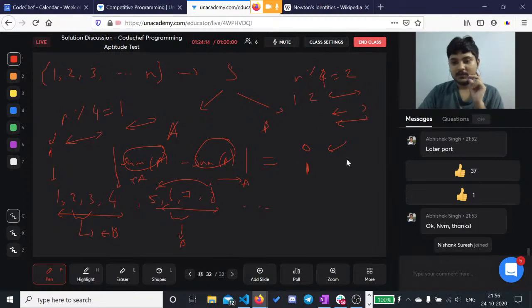And if n mod 4 is 3, then you can put 1 and 2 in A and 3 in B, and again proceed with grouping elements 4 by 4. So you can always get 0 or 1. So 0 if the sum of elements is even, and 1 if the sum of elements is odd. Hope that was clear.